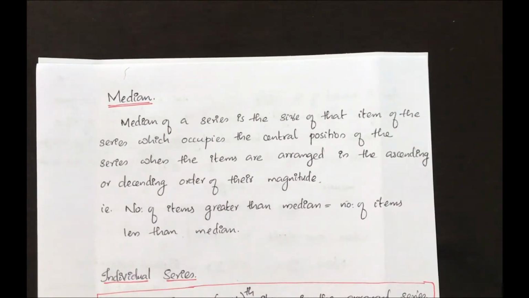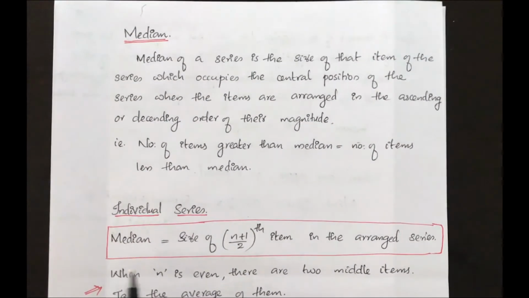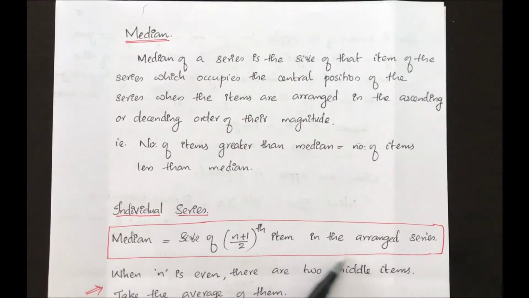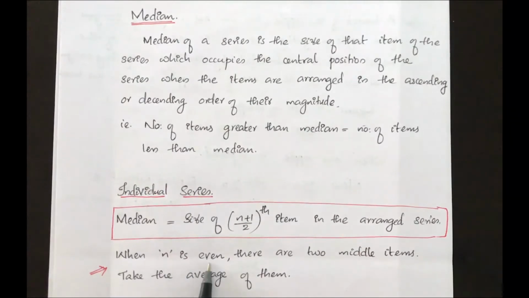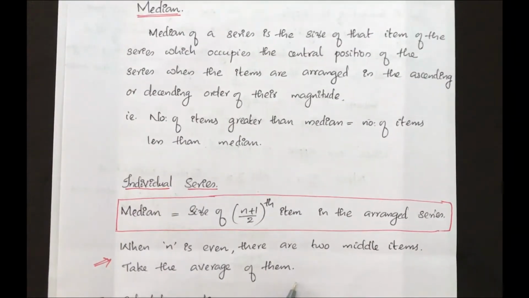Similar to mean, here also we can look at how to calculate median for individual series, discrete series and continuous series. For individual series, median is equal to the size of (n plus 1) by 2th item in the arranged series. It is very important that the data should be arranged. When n is an even number, there are two middle items, so take the average of them.